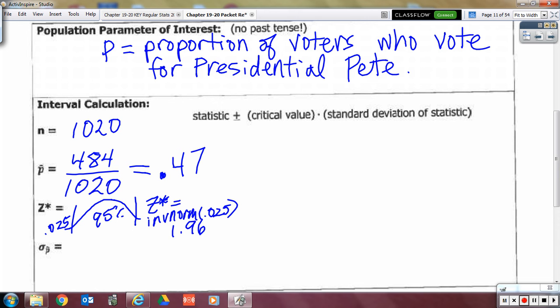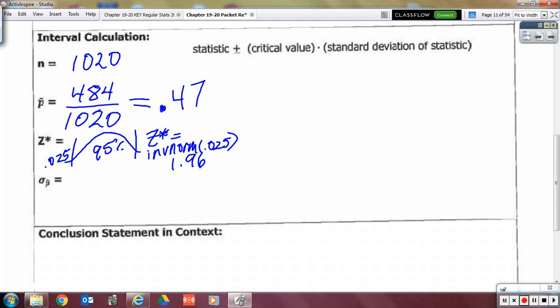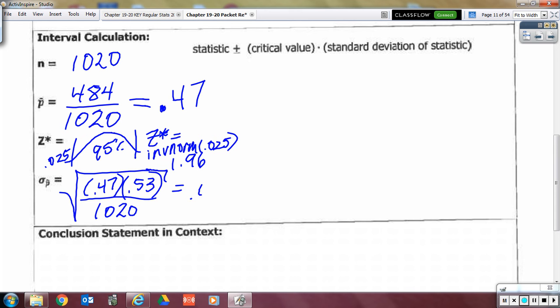Okay. All right, moving along. Standard deviation of p hat. How's that? 0.47 times, what's the 1 minus that? Good, 0.53 over 1020. And that is 0.016. Okay?